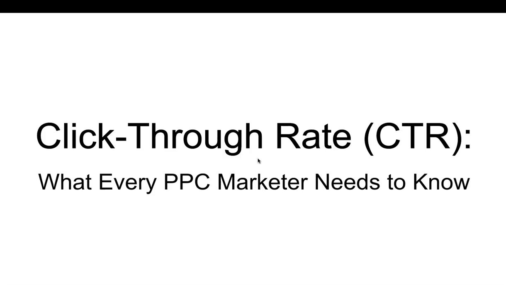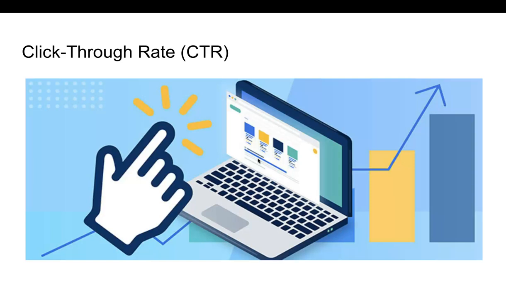So, click-through rate. Click-through rate is honestly one of the most important metrics in pay-per-click advertising. Simply put, click-through rate measures how often people who see your ad actually click on it.